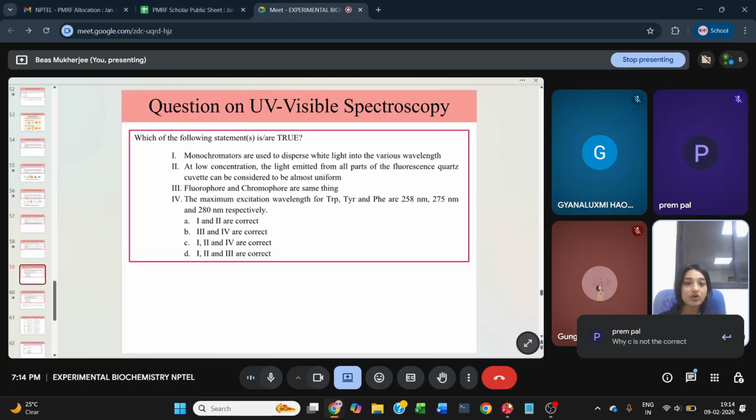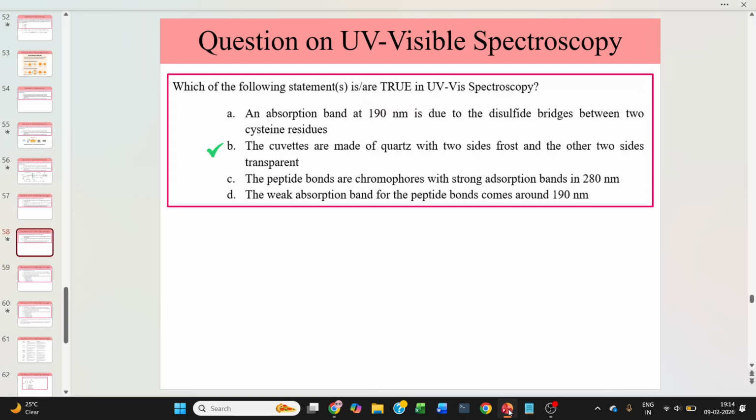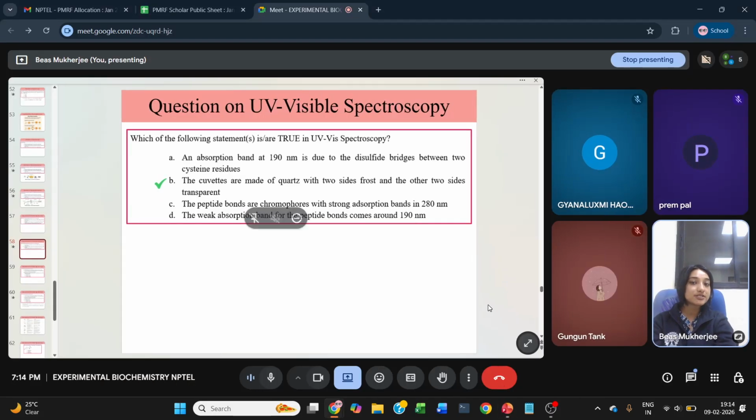Now we will see why C is not the correct option. So why is C not the correct option? You can read about this. Peptide bonds, whether they are chromophores, whether they are fluorophores, and what is their absorption and at which nanometer. You can read about this and you can tell me in the next class. I'm not sure if these are chromophores.